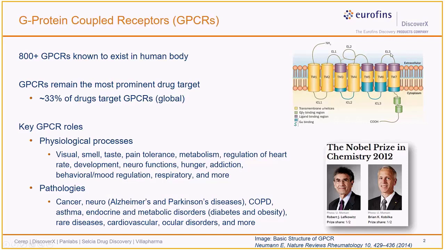The ligands on drug targets obviously bind in the extracellular domain, and some actually insert themselves into the transmembrane region and change the conformation depending on the ligand that's being bound. Also, in 2012, I wanted to mention there's a Nobel Prize that was received for studying GPCRs, specifically by Robert Lefkowitz and Brian Kobilka.